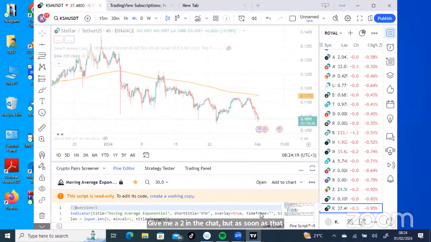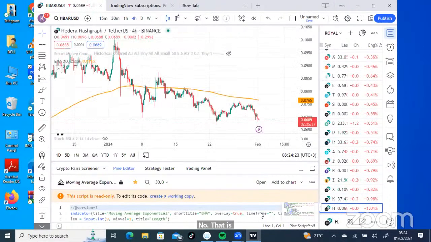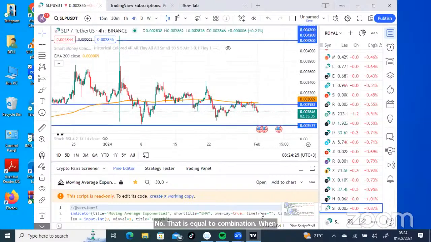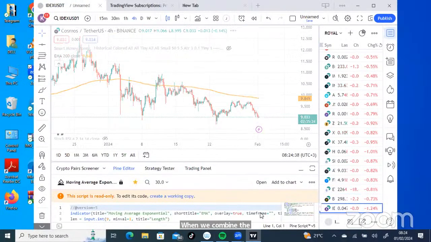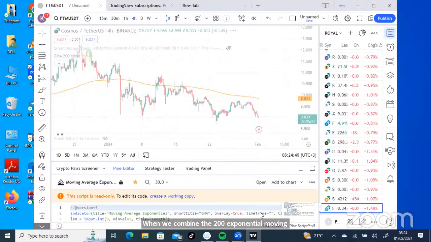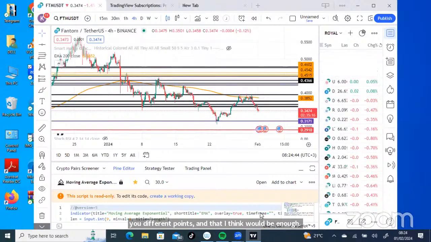Now, there is a good combination. When we combine the 200 exponential moving average, I've shown you different coins that I think could be enough.